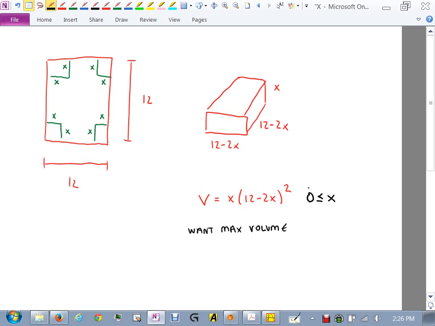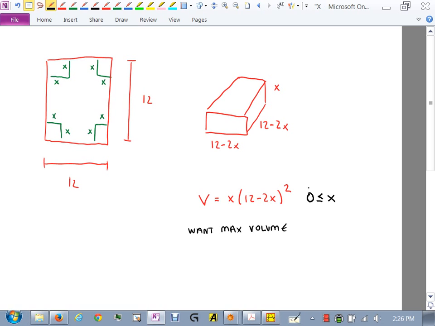Is there a maximum x I could cut out? 6. It wouldn't make sense after 6, because if I cut 6 in each direction, they would meet in the middle, and I have no more box.